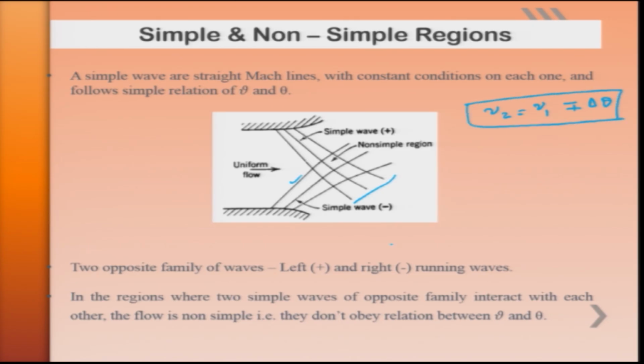Whereas in the zone formed by these waves, this relationship is not valid, and that is termed as non-simple region. The left running waves are generally given in compressible flows with a positive sign, whereas the right running waves, which are moving from bottom to top, are given with a negative sign.